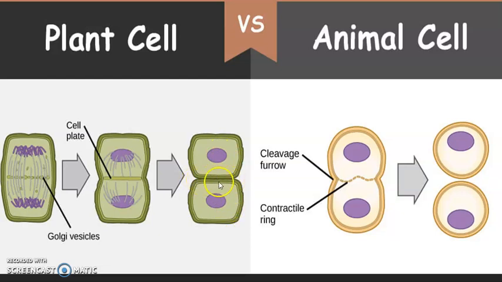While in animal cells, the cleavage furrow forms and pinches the cell membrane into 2 completely separated animal cells that you can see here. And at that point, we are done with mitosis. Remember, the cell cycle is made up of both interphase and all the stages of mitosis, PMAT, as well as cytokinesis, to lead you to 2 identical daughter cells that have the same number of chromosomes as the original parent cell did.